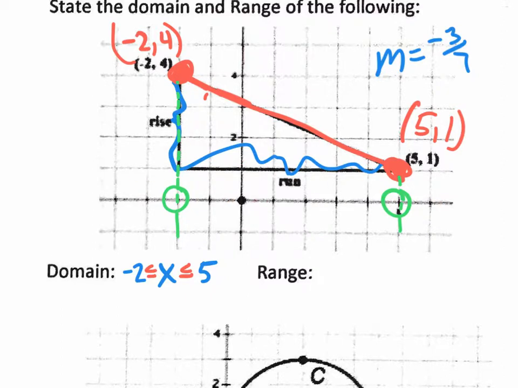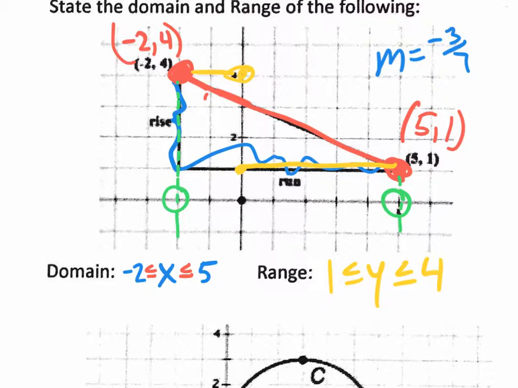No. So the range, it exists between this y value of 4 and it also exists between this y value of 1. Okay, so range is going to be y in the middle, the smaller number on the left side. What's a smaller number in terms of the y number line? 1. What's a bigger number in terms of the y number line? 4. And we're going to put the less than or equal to's right there. So we have stated correctly the domain and the range.